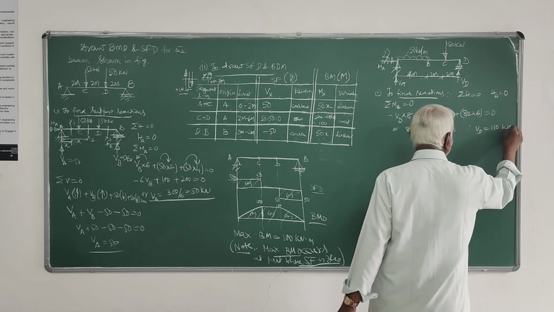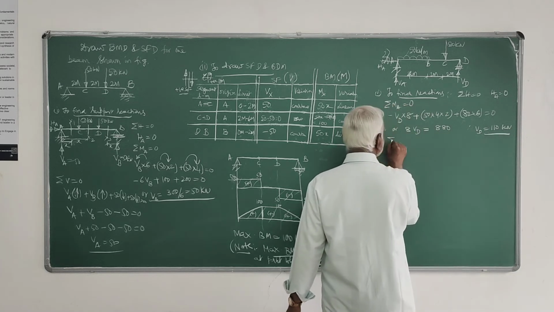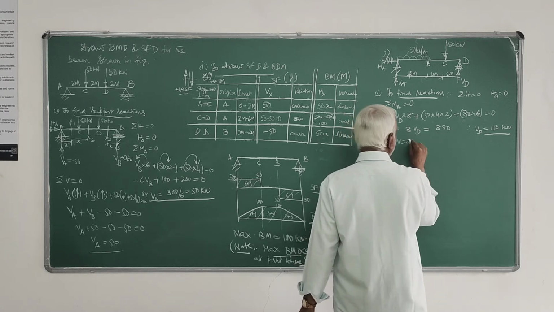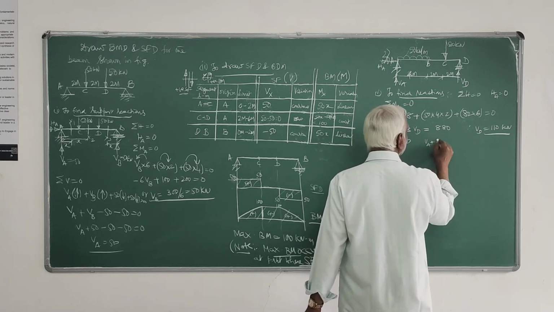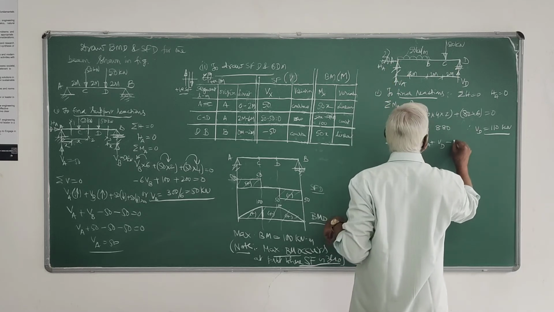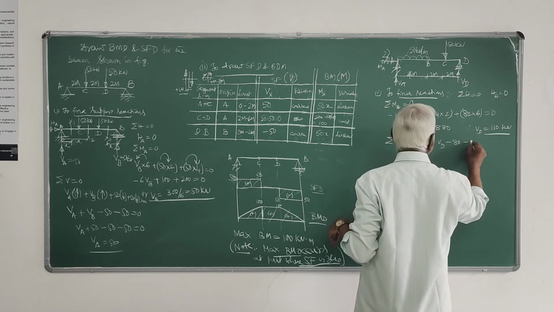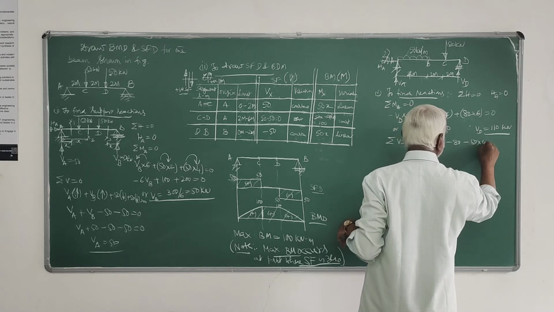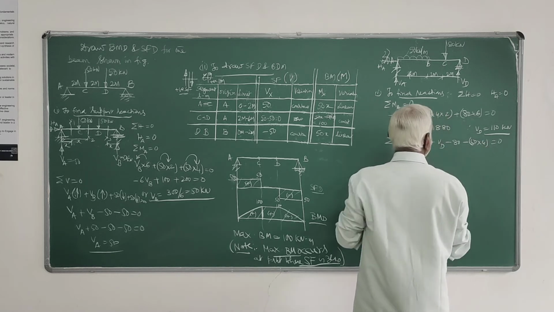Then if you adopt sigma V equals 0, you will get VA plus VD, both acting up, and other loads minus 80 minus 50 into 4 is equal to 0.